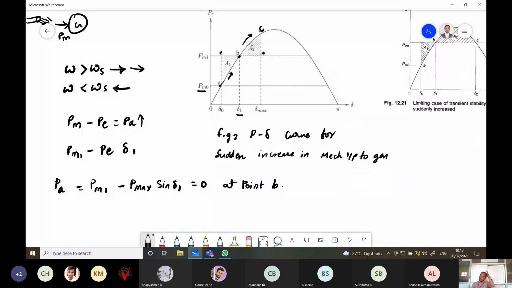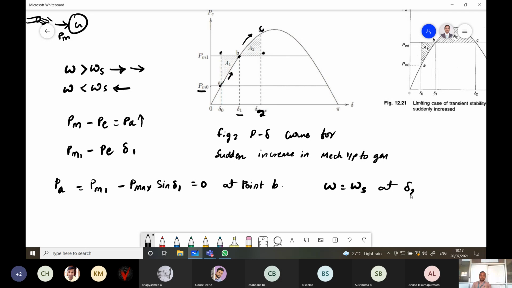But the angle continues to increase until the angle delta 2. At delta 2 angle, omega is equal to omega s.